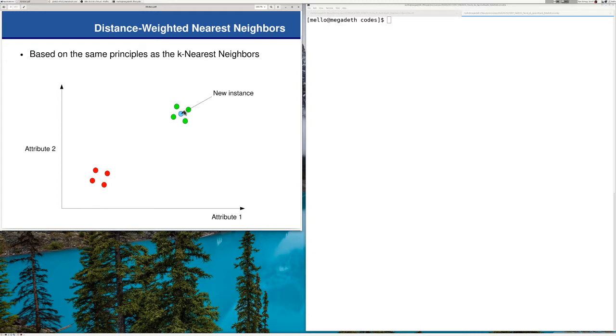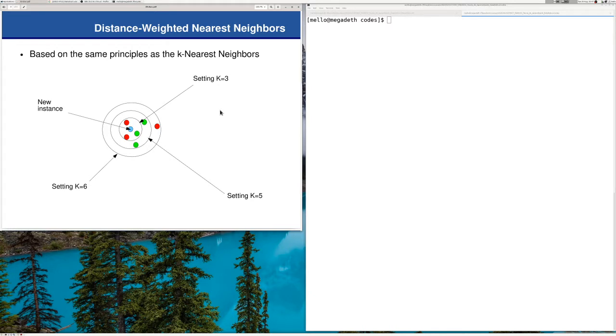Of course, we can come up with some improvements, and the distance weighted nearest neighbors is a way of improving that. How does it improve? By considering Gaussian functions around this new instance. If I have a Gaussian function around this central point, which is my new instance, I can consider a Gaussian with a spread that includes two reds and 1 green, so this point is going to be classified according to votes as red.